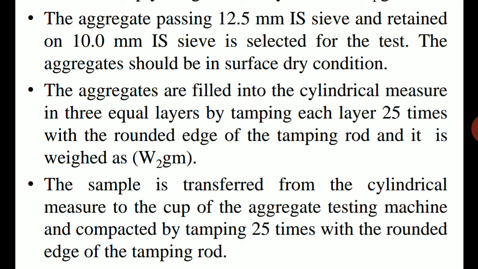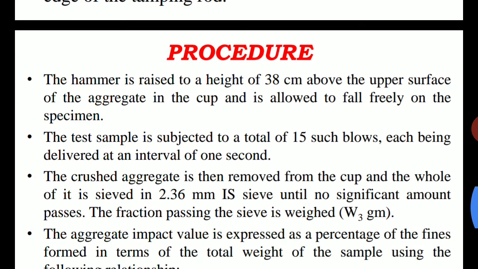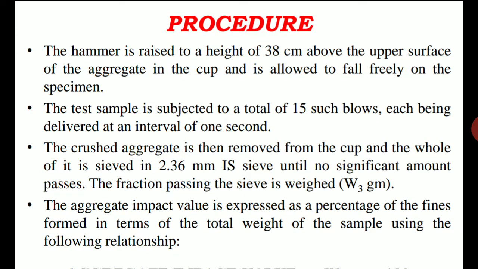Because of that sudden load, some of the aggregates are going to be crushed in the cup. The fall of the hammer will be from a height of around 38 centimeters. From 38 centimeters, a total of 15 blows at the rate of one blow for every 2 seconds.